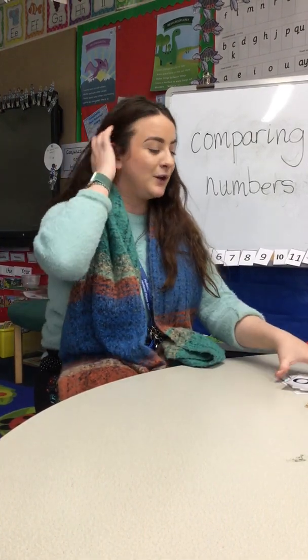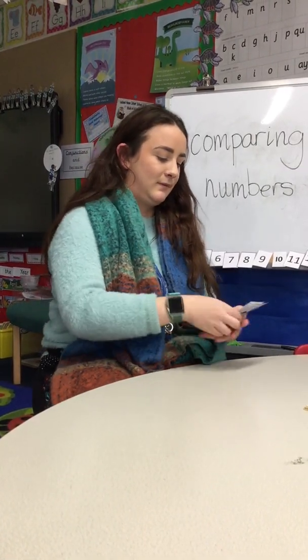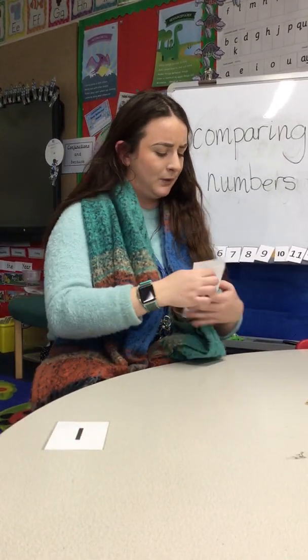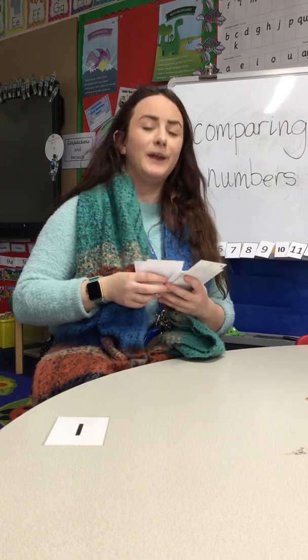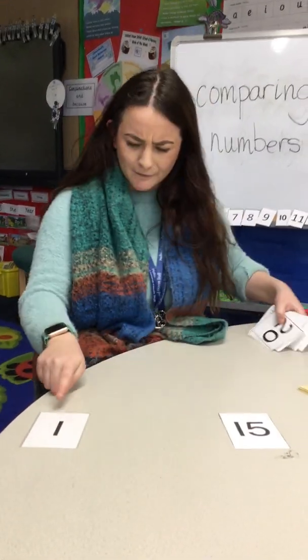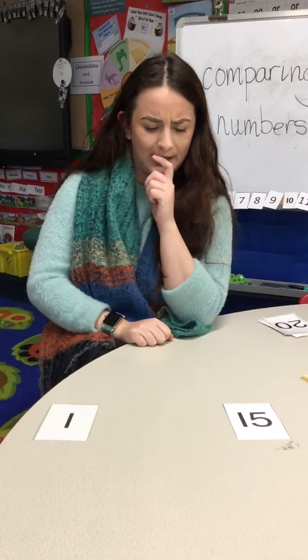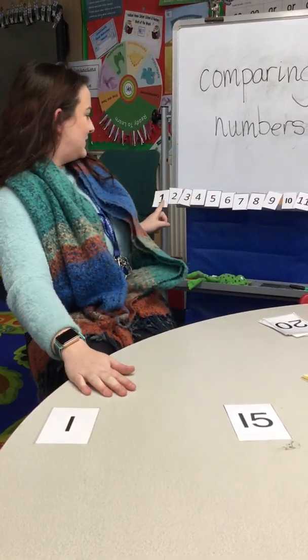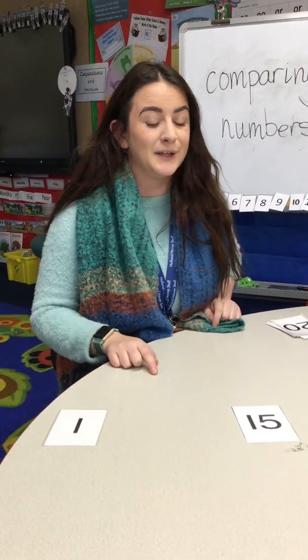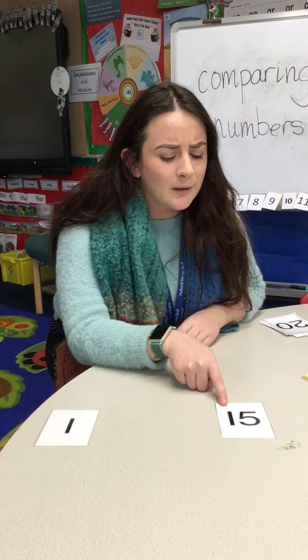Let's have a look at some of our numbers then. We have number 1. I'll pop that one there. I think I'm going to make it hard for you. 15. I've got 1 and I have 15. Oh, I know that one's a small number because that one comes first on my number line after 0. That one's definitely a small number. Let's have a look at this one.